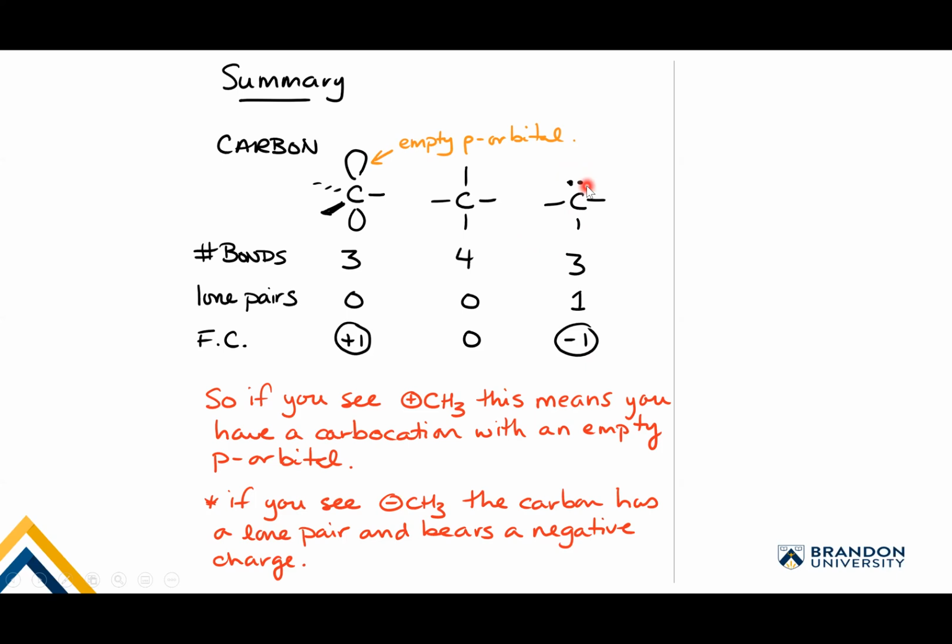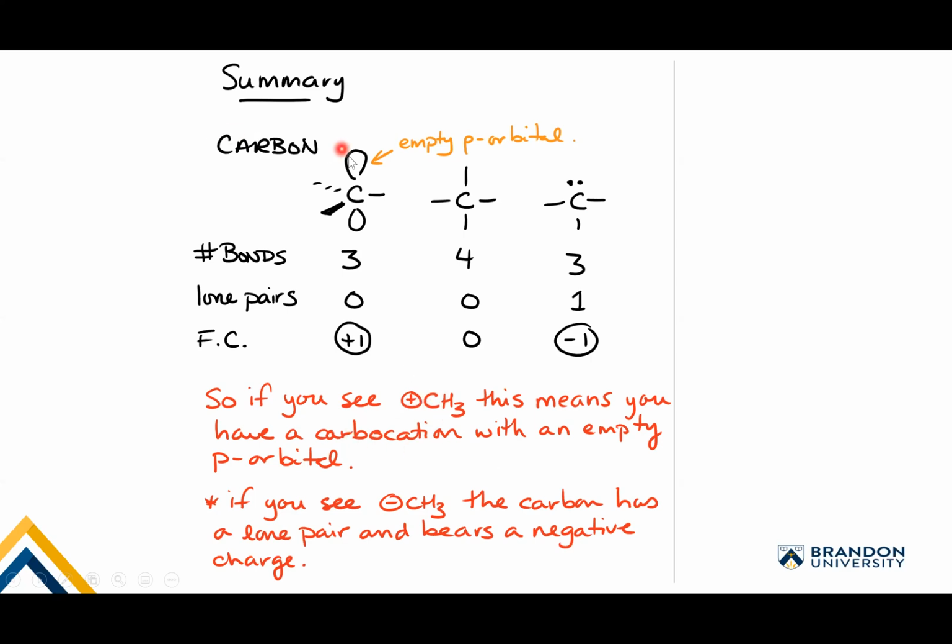So 4 minus 3 minus 2 is minus 1. And for the carbocation, 4 minus 3 is plus 1, so it has a formal charge of plus. So later on in the class, if you ever see CH3 plus, this means you've got a carbocation.